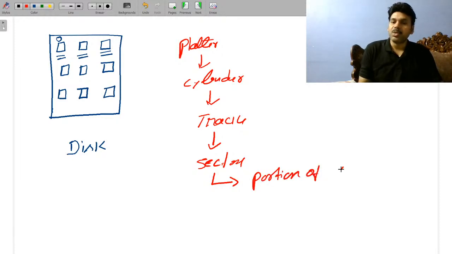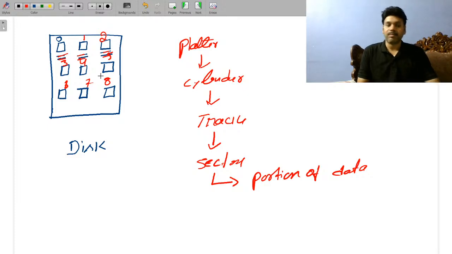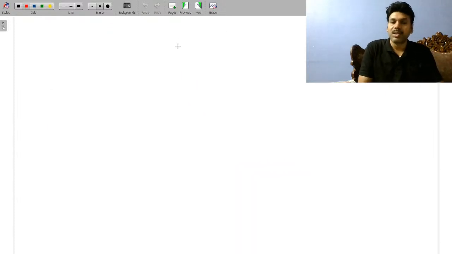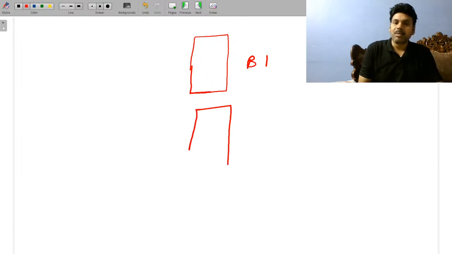Now here I am talking in the same way. In these blocks your data is going to be stored. Every block is given a number like this, and in this block your operating system is going to store your information. When I say a block, I am writing it in this form: this is block 1, this is block 2, and this is block 3.